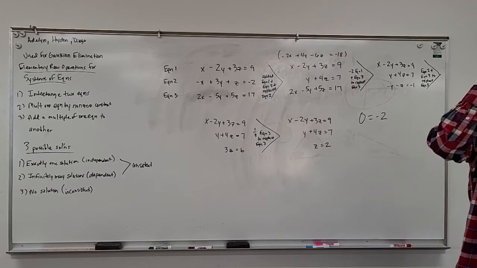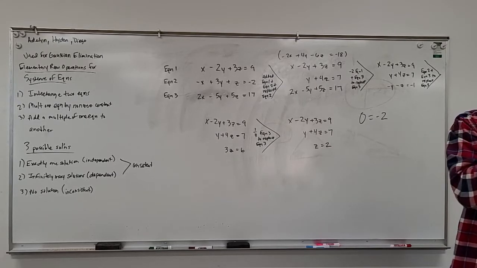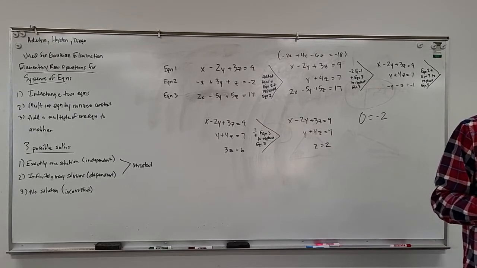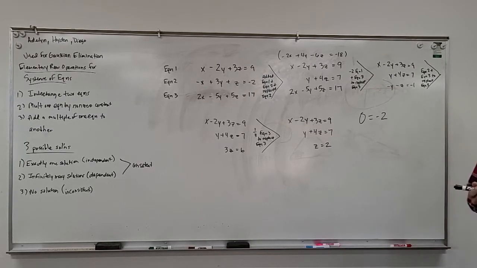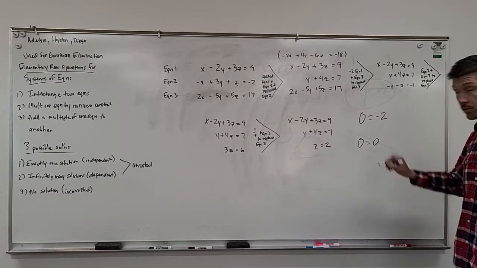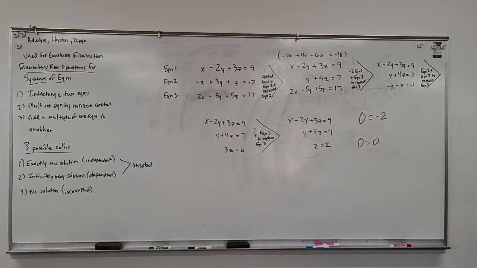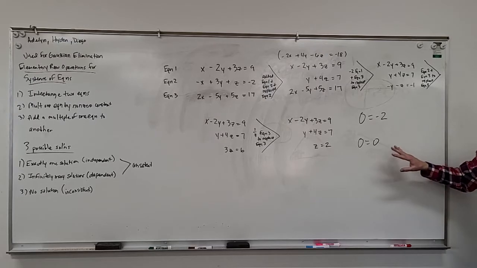The scenario where you have infinitely many solutions, what do you expect is going to happen when that's the case? 0 equals 0. The variables disappear, and you're left with some equation that is true, right? So if you get a true equation, it could be 2 equals 2. It could be any other number. But the variables go away, and you get a true statement at the end, and that means you've got infinitely many solutions.